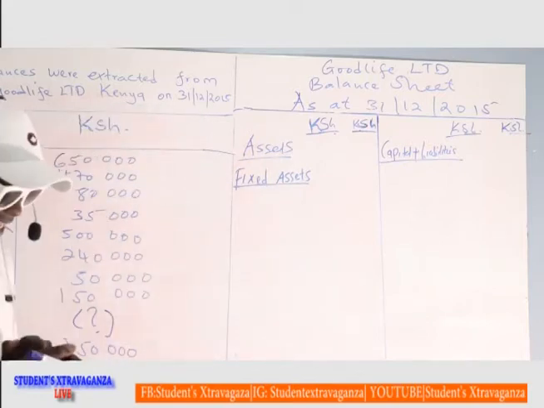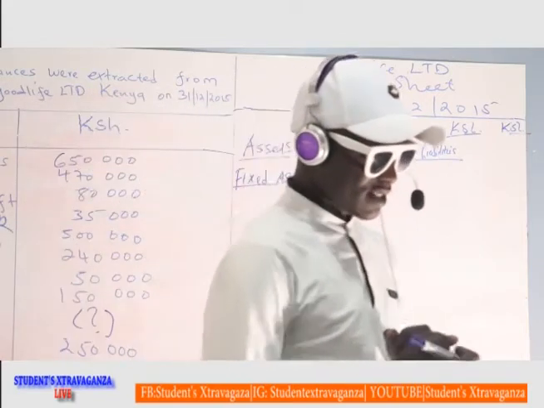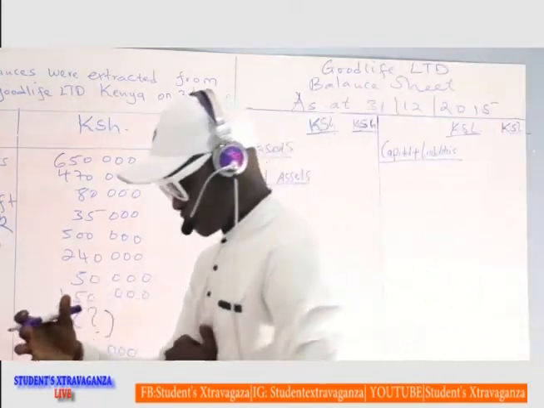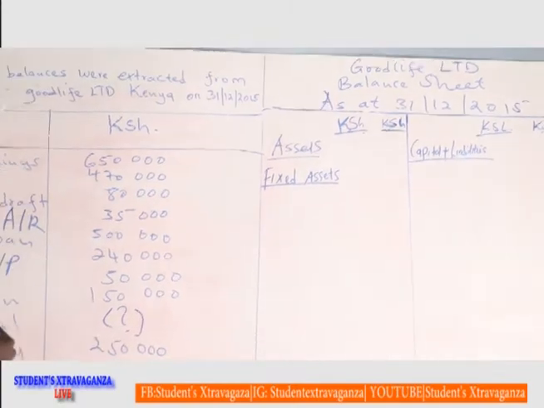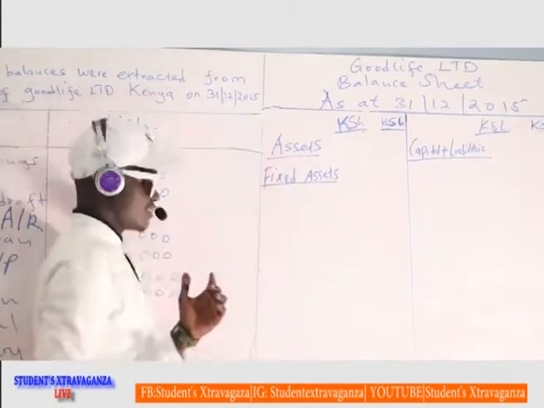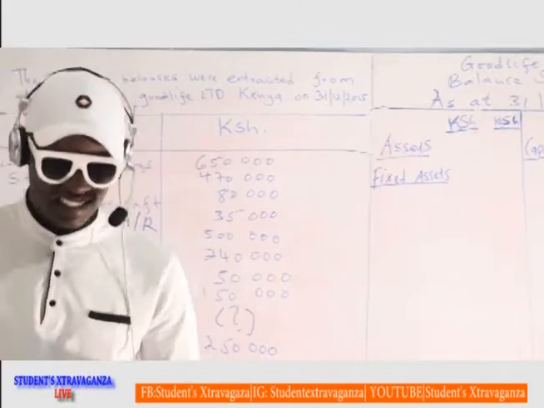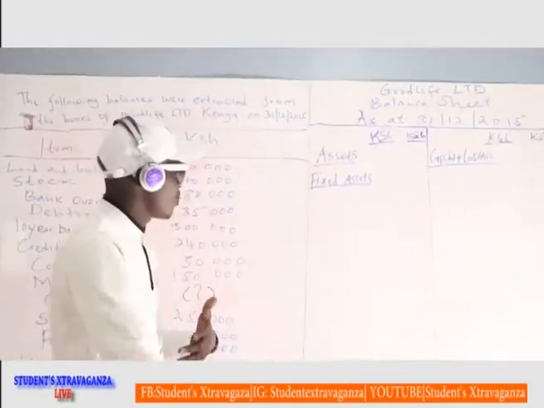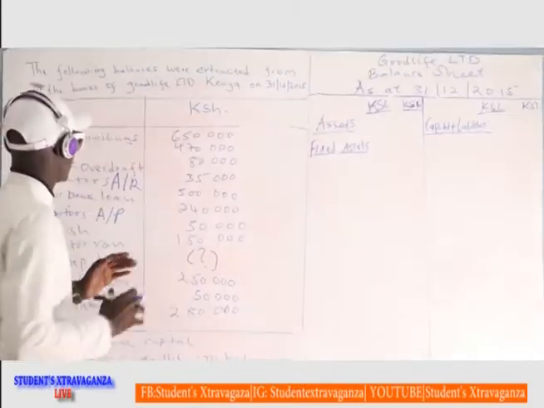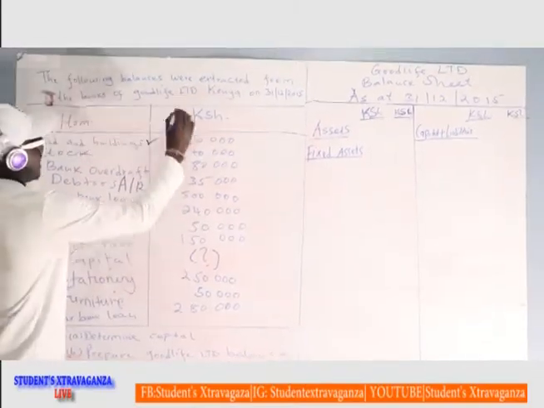Fixed assets. These are assets that you cannot easily transform or convert into cash within the next year. Examples are land and building.